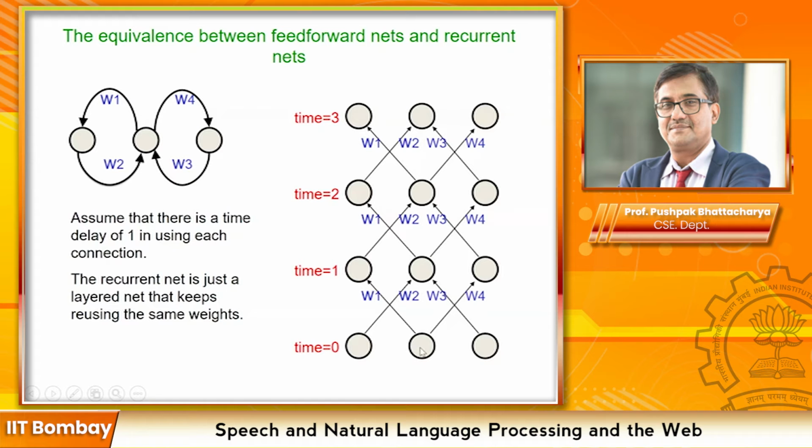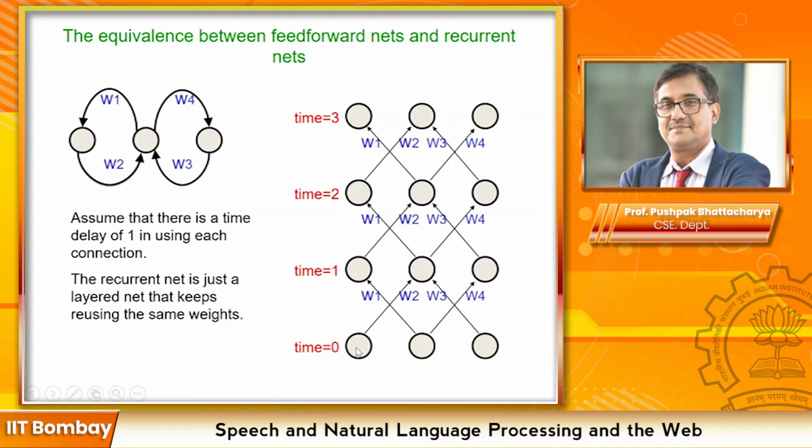So let's call the neurons A, B, and C. B feeds into A by W1 and B feeds into C by W4. So from B, W1 and W4, two feed forward connections are going.